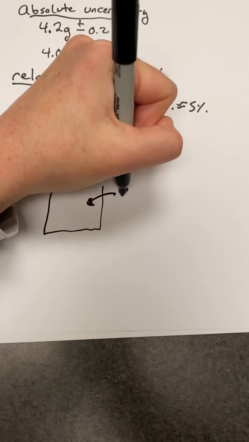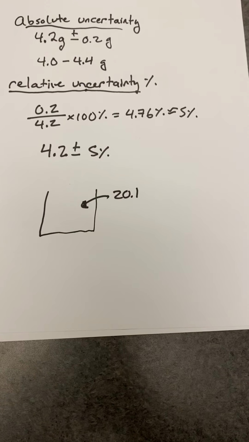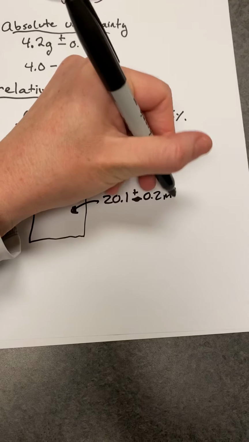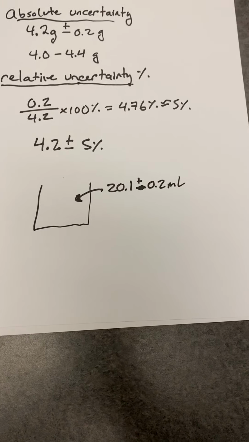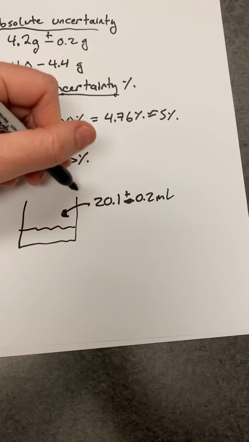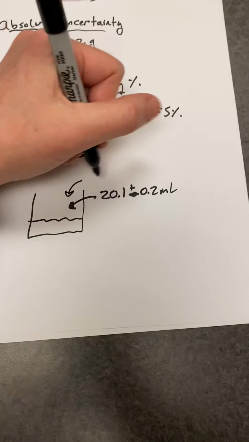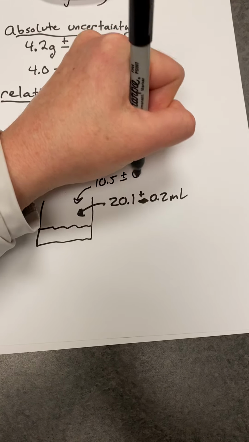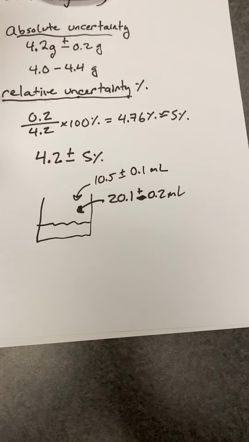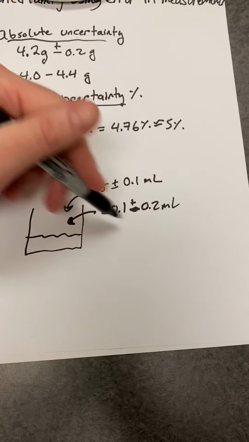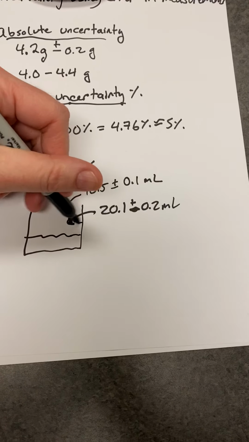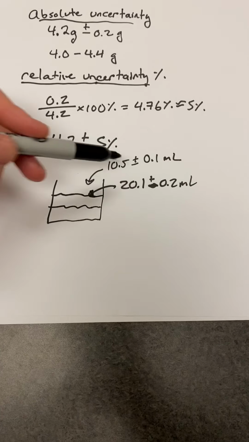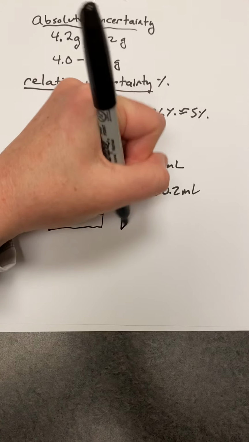You throw something that has a volume of 20.1 plus or minus 0.2 milliliters. And so you've got something in there, and then you add an additional aliquot of something, let's say 10.5 plus or minus 0.1 milliliters, and you've gotten these errors via the glassware information. All right, and you want to find the volume in there.